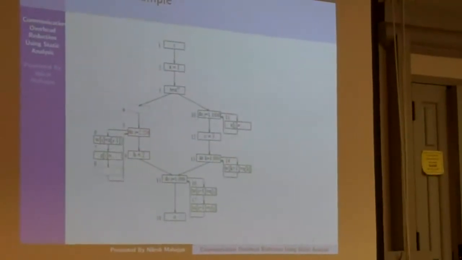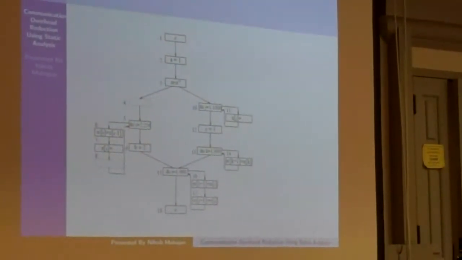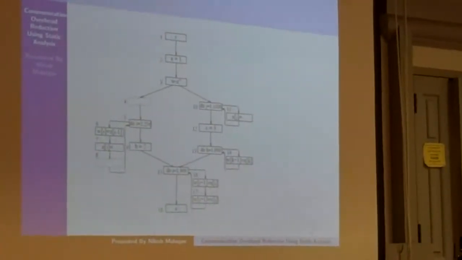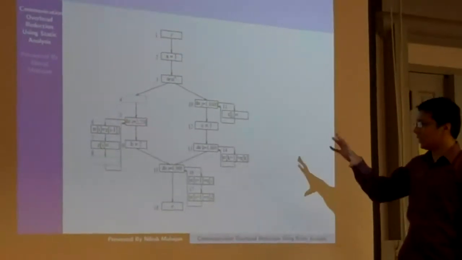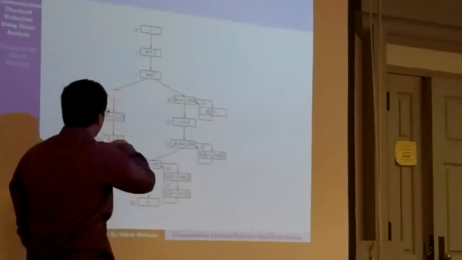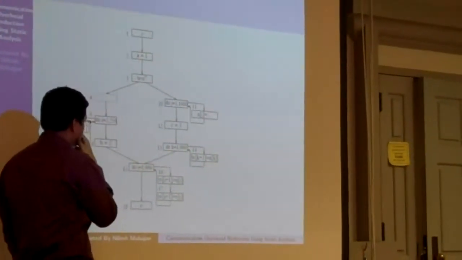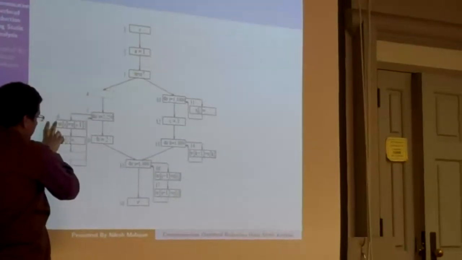So that was a brief introduction to data analysis. For our optimization, we're going to stick to this particular example. You can see that it's an interval tree. This is a CFG, but they have approximated the loops as an interval.